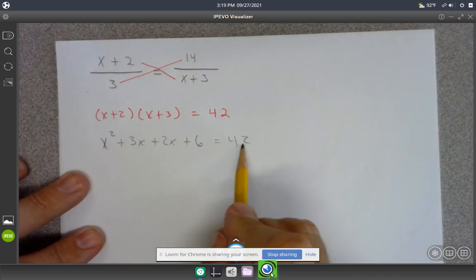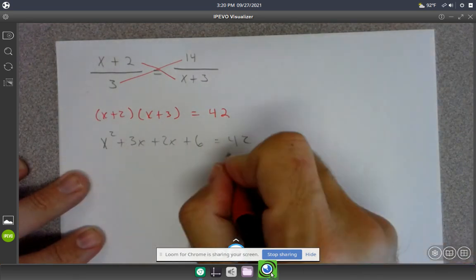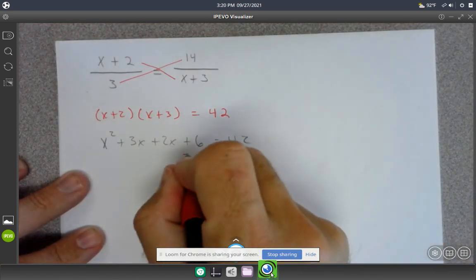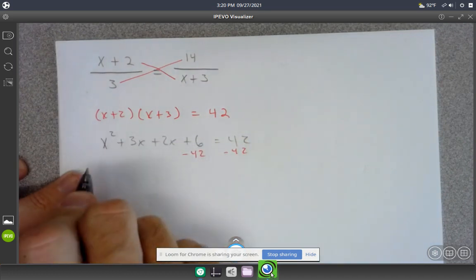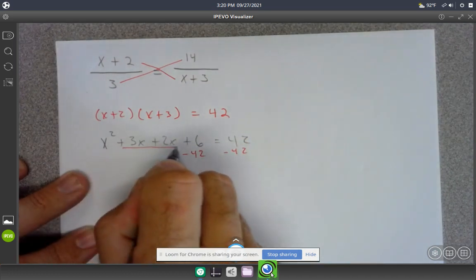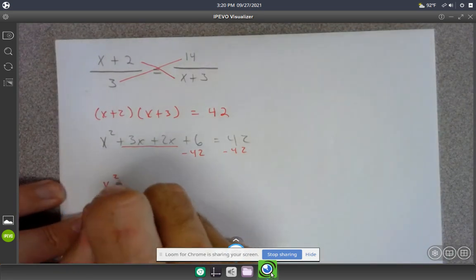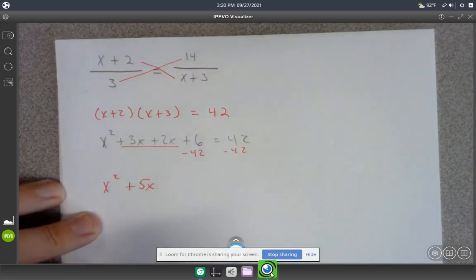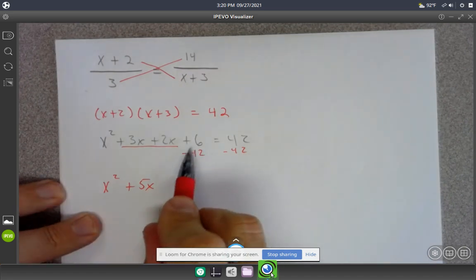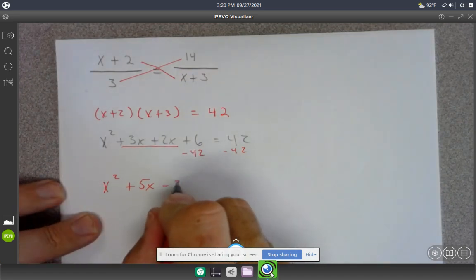I need to move my 42, subtract 42 from both sides, and I'm going to combine those terms there. So this gives me x squared plus 5x, and 6 minus 42 is negative 36.